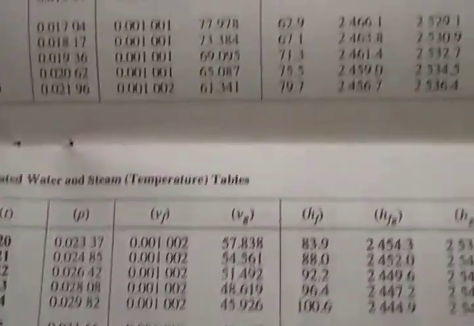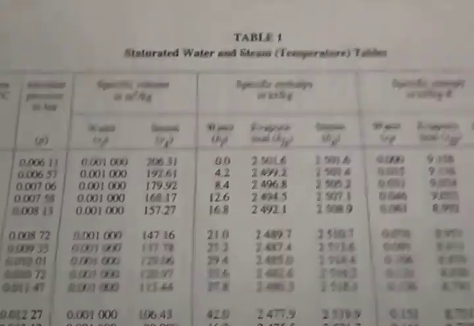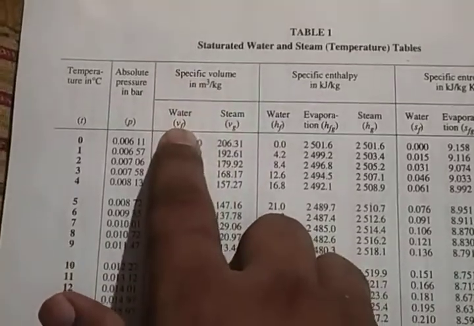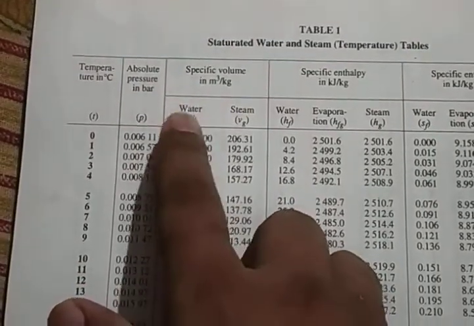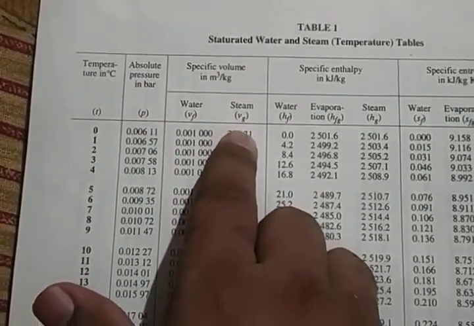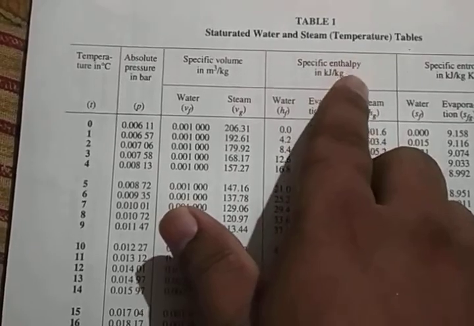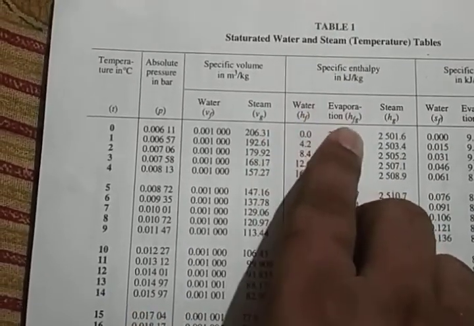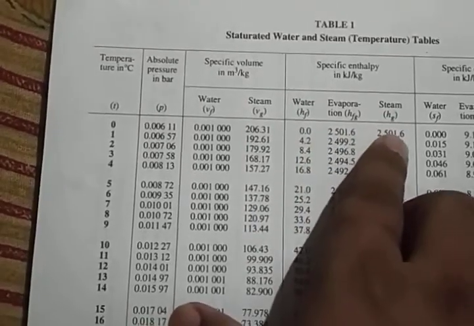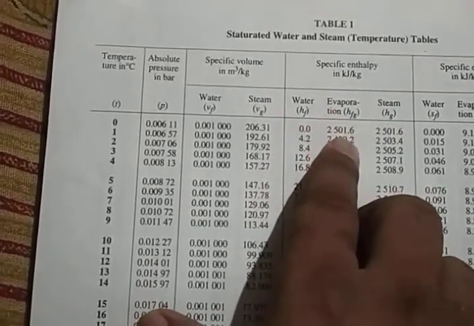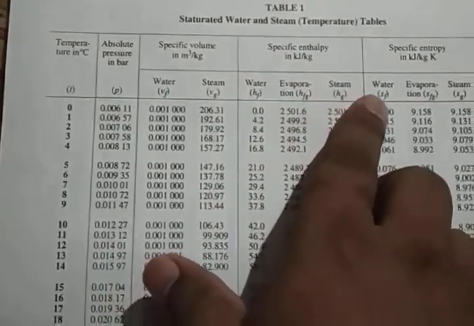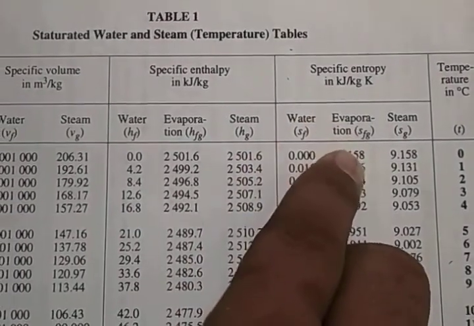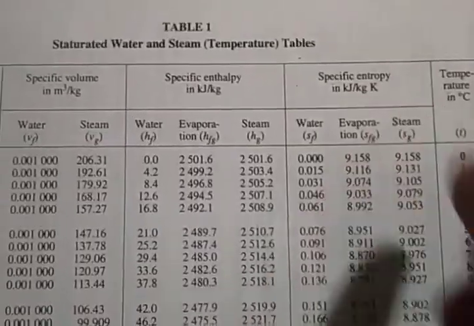Then the second one consists of specific volume of water as well as steam, that is Vf and Vg. The third one is specific enthalpy. It's of 3 again, that is of water, then evaporation and steam, that is hf, hfg and hg. Similarly, the third is on entropy, that is sf, sfg and sg.